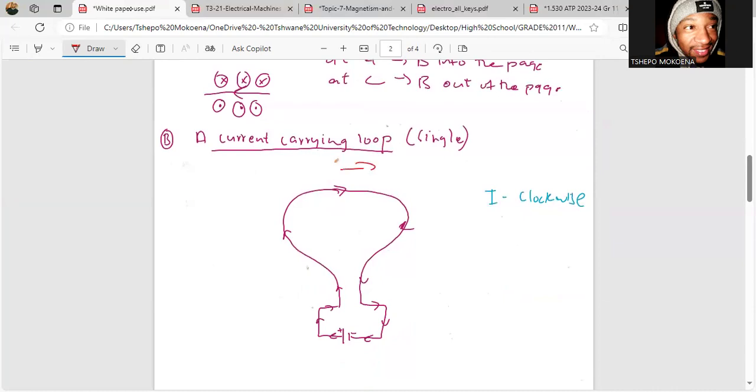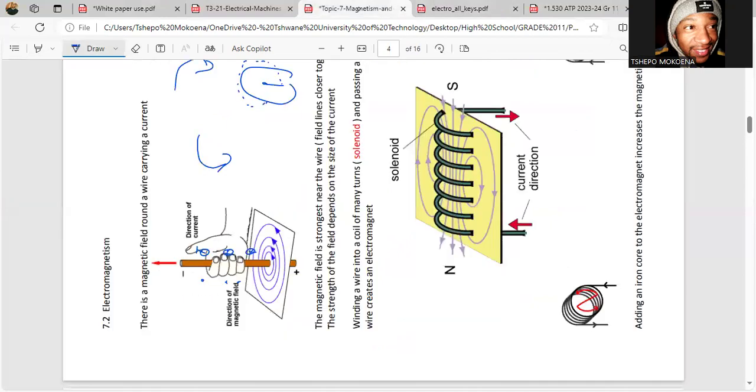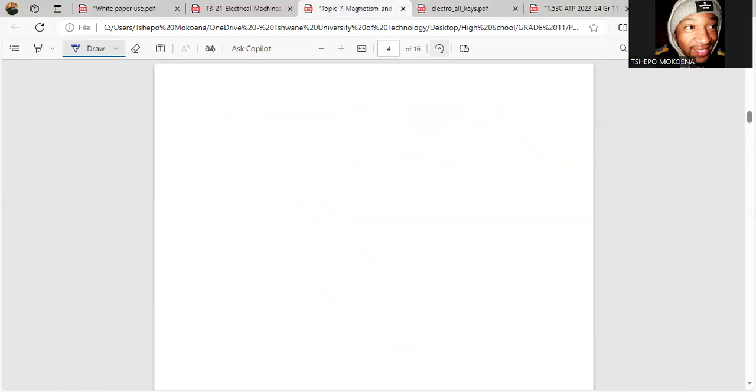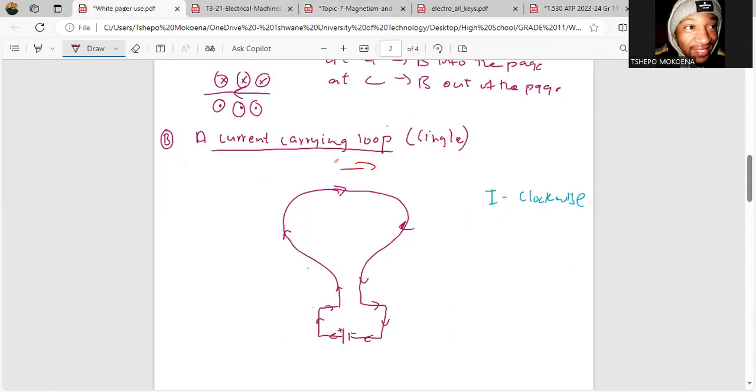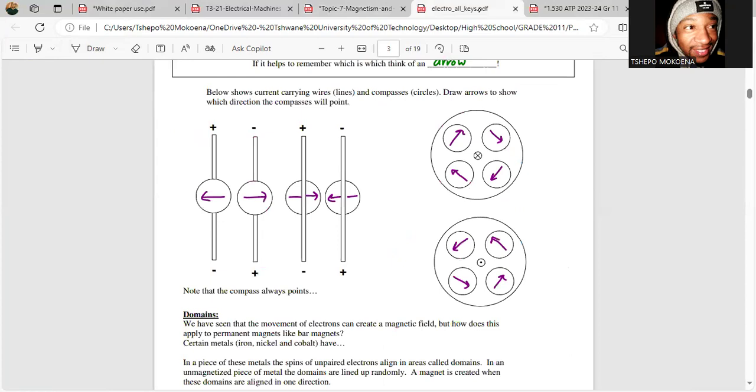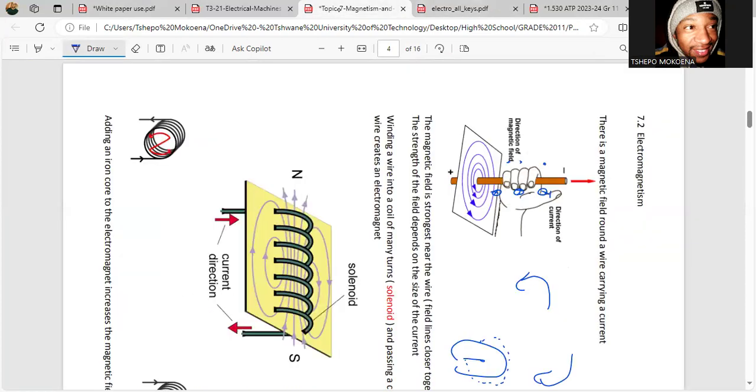So take your right hand to look like this, because current is moving like this on this part.